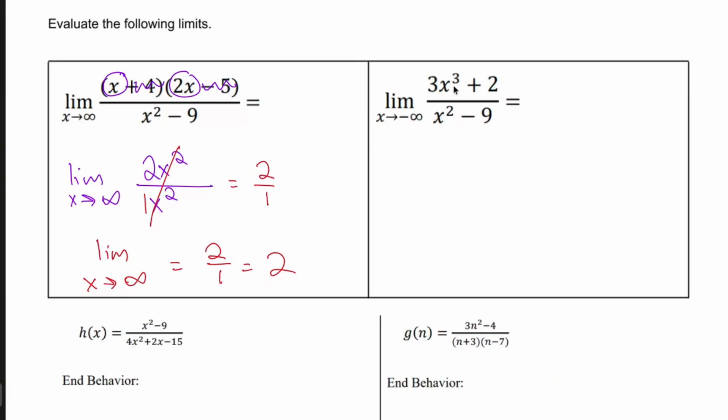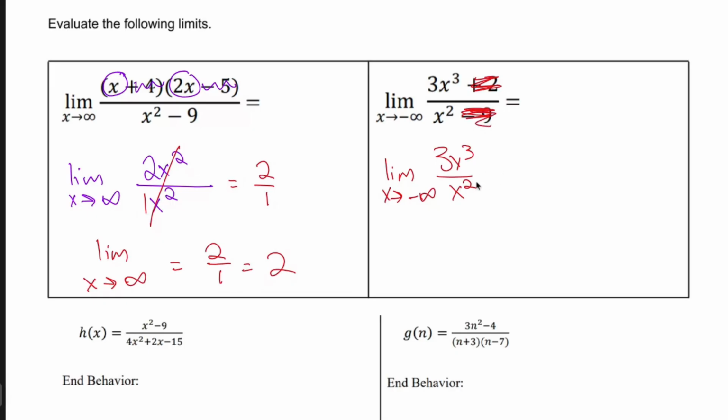Now what we have here is a degree in the numerator higher than the degree in the denominator. So what you do is you write out 3x cubed over x squared. You simplify. Again, we only care about the leading terms.